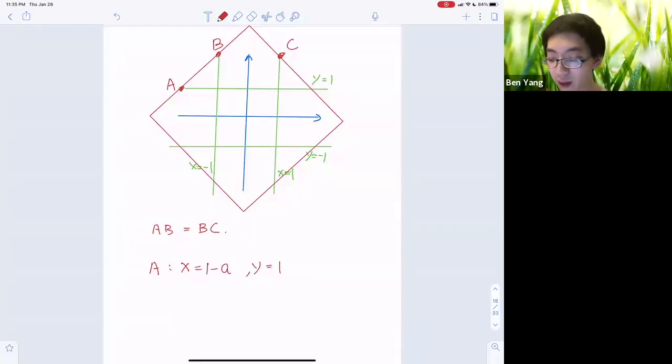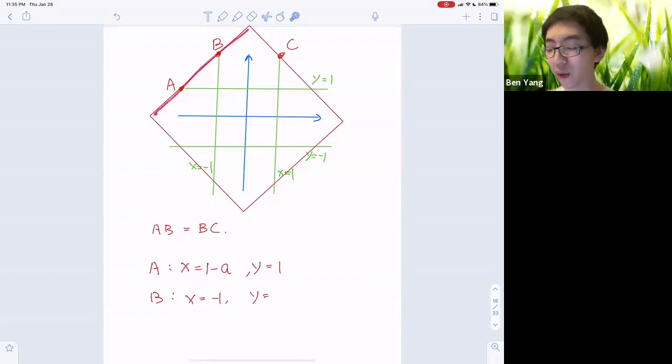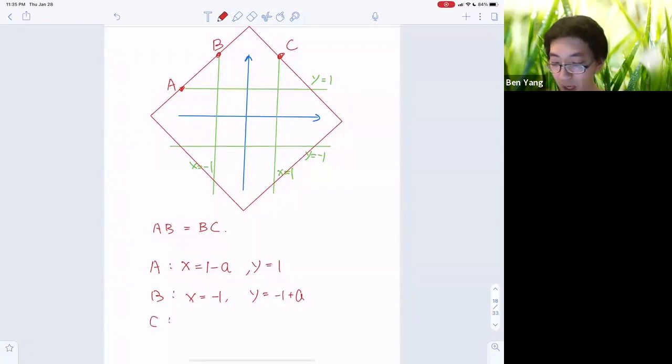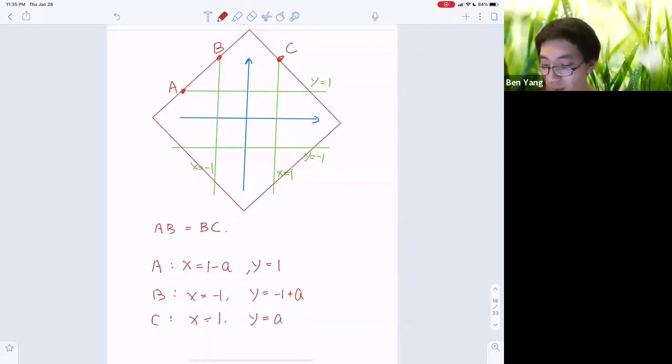That's point A. Then for point B, we know x is equal to -1. Since B is also on the line y is equal to x plus a, y is equal to -1 plus a. And finally, for point C, we have x is equal to 1. And the y coordinate, well, the point C is on the line x plus y is equal to a. So y is equal to a minus 1.